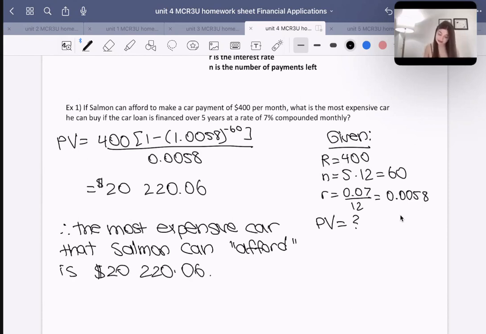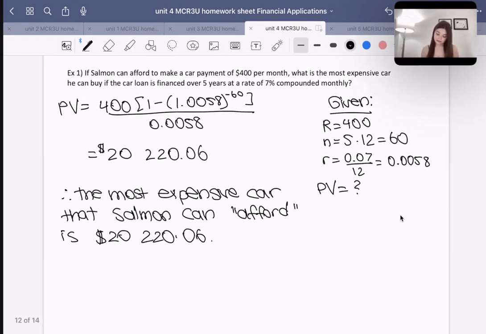So he can't actually afford this car in cash necessarily, but he can afford it in terms of he can afford to make the payments each month. If he makes this agreement, he will be able to follow through with it. If he makes an agreement at the same interest rate for 5 years for a different car that is more expensive than this, then he will not necessarily be able to make those payments.